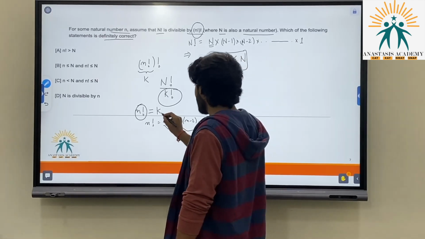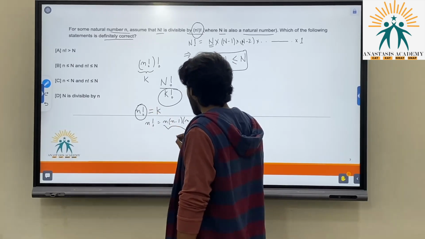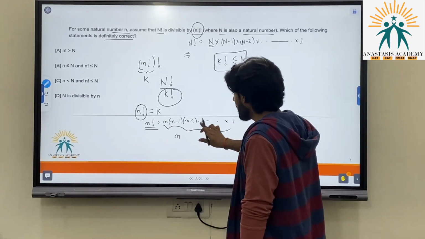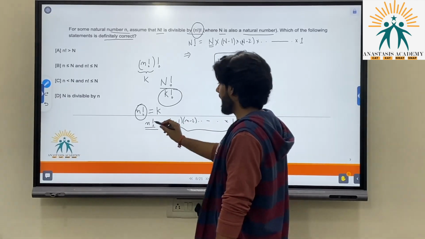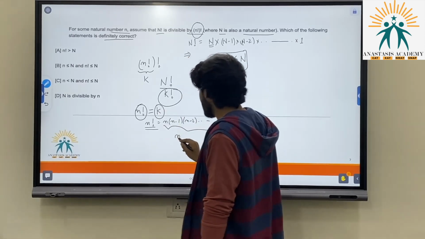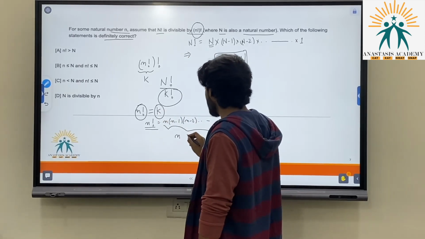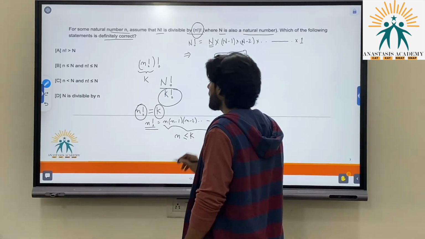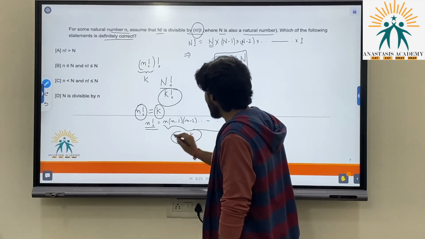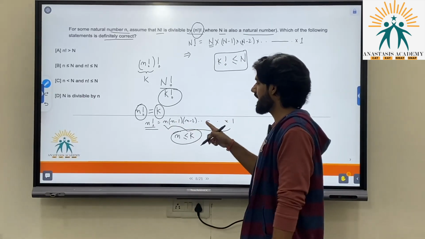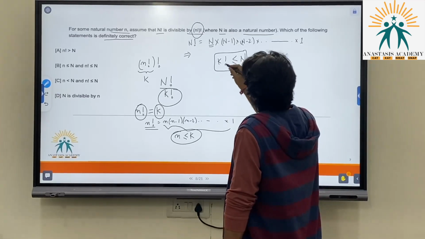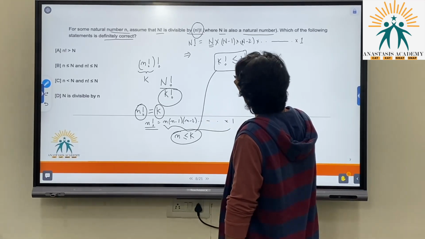So I can write that n is less than or equal to k, because in that case n will divide all these numbers, n into n minus 1 and n minus 2. So, clubbing these two relations, what will I get?